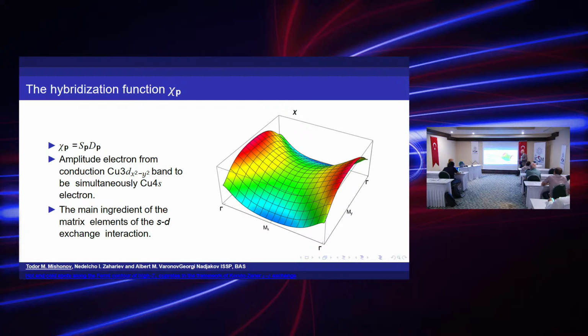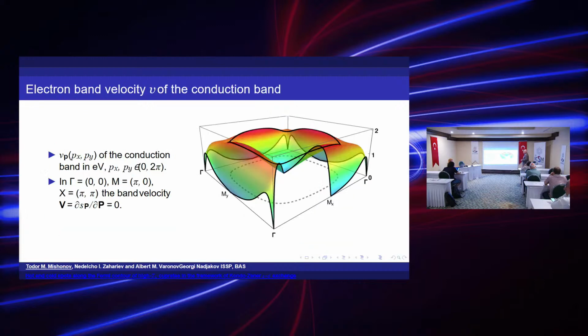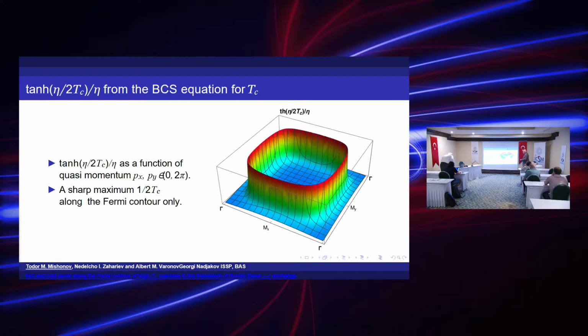This is the hybridization function, which has a saddle point shape, and this saddle point is crucial for understanding cuprate gap anisotropy and hot and cold spots. This is the velocity calculated from the band structure, which is standard.